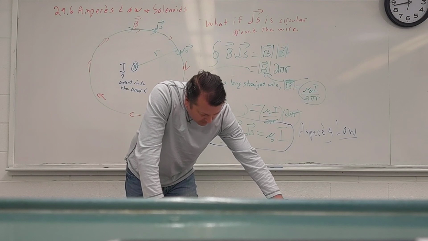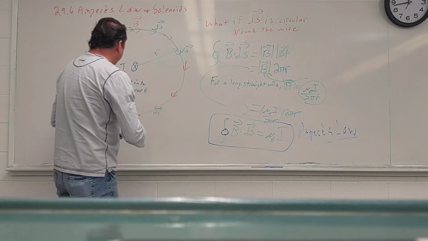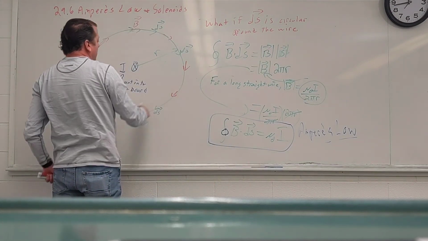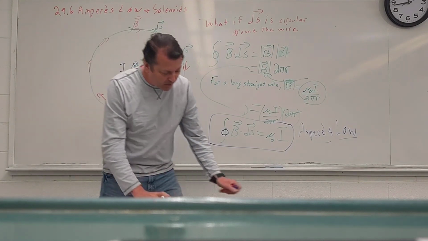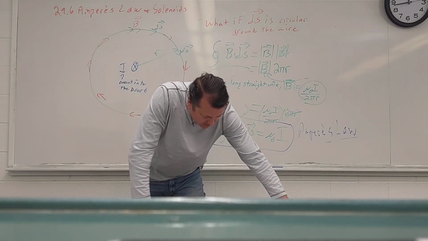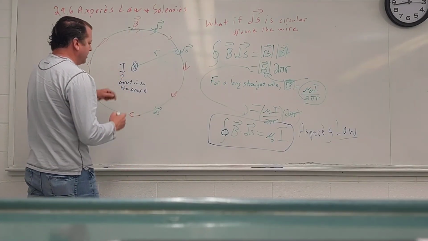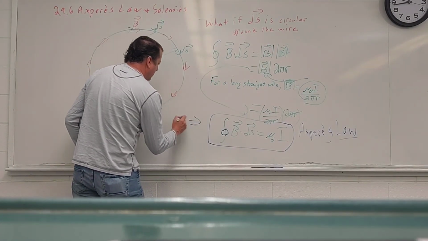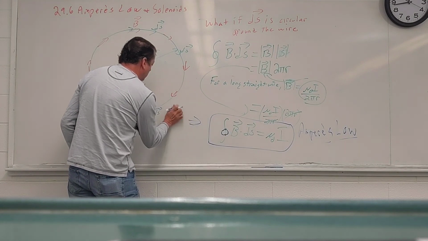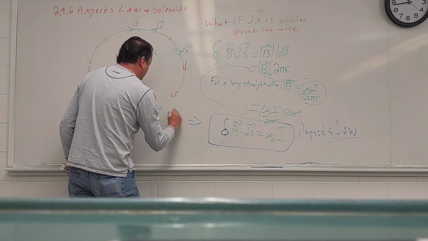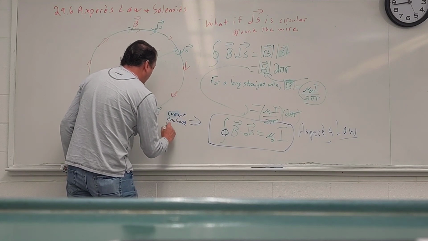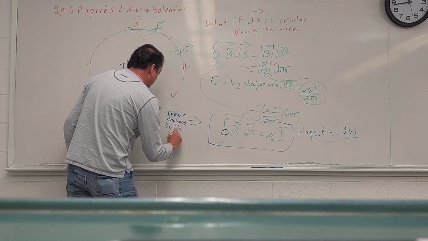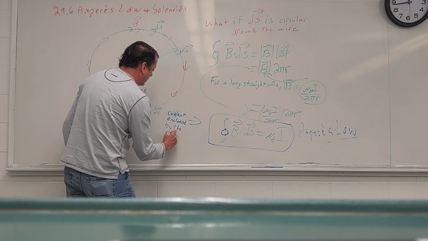Notice, it just has to be a closed integral. It doesn't matter the shape, it doesn't matter the size of it. It just has to close upon itself. And the key is you integrate the current enclosed by the surface, excuse me, by the line integral.